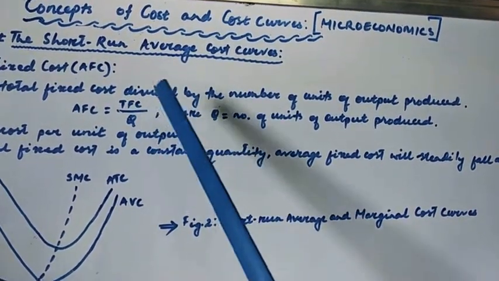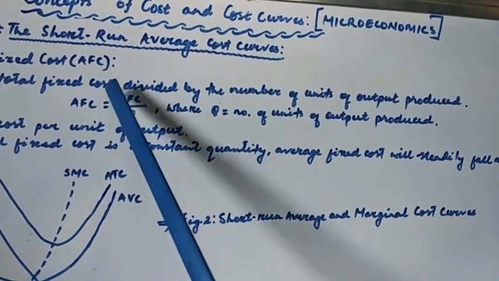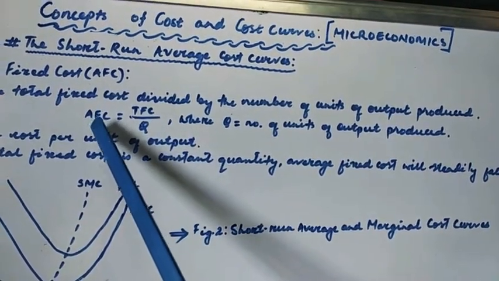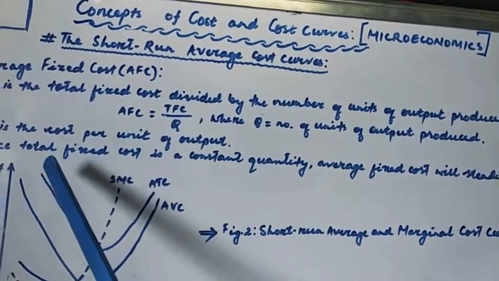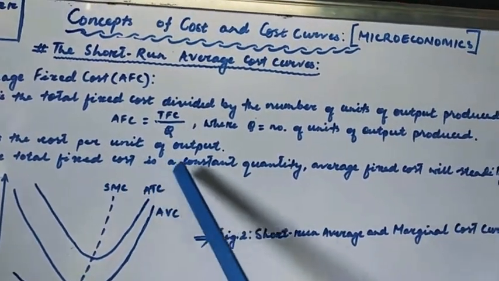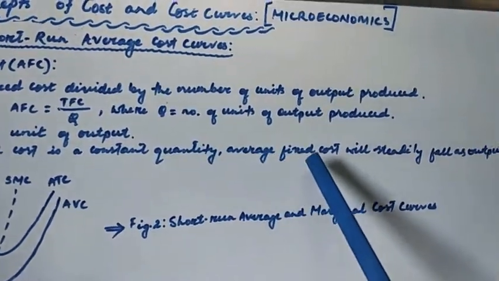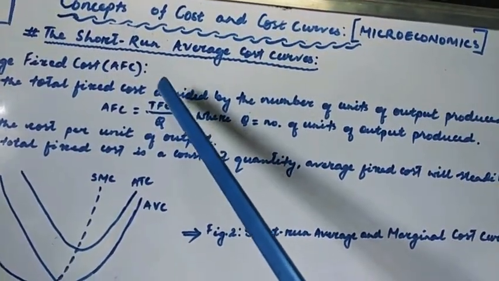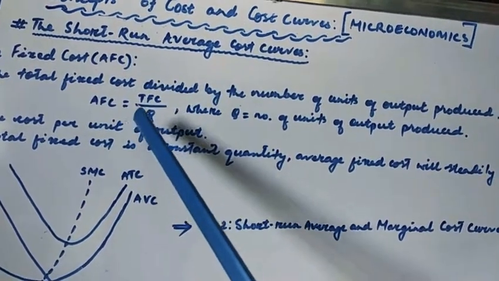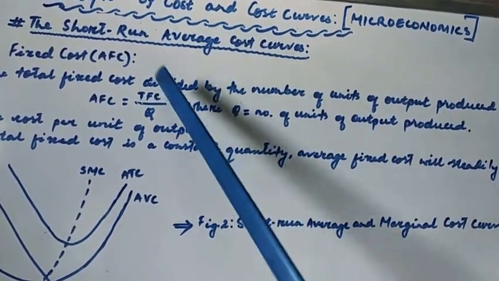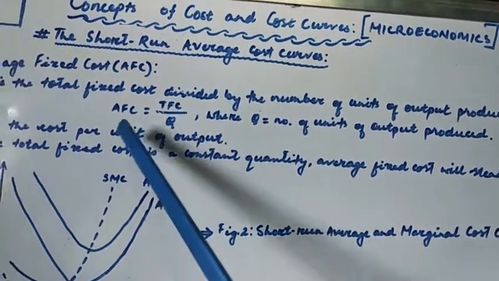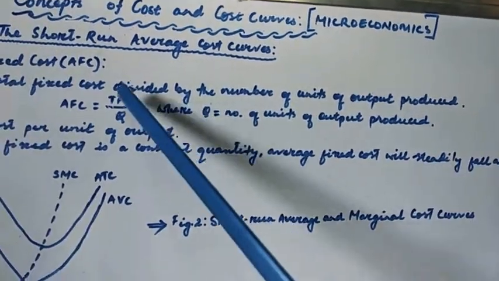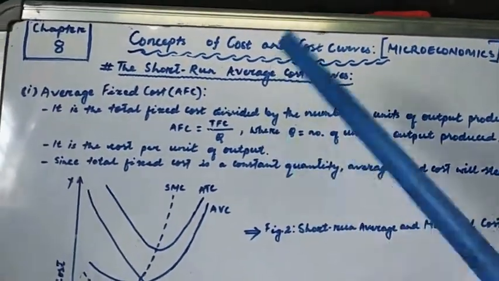Because we have to divide the constant total fixed cost by the output, when output keeps on increasing, average fixed cost will automatically decline or steadily fall. So that is what it means.